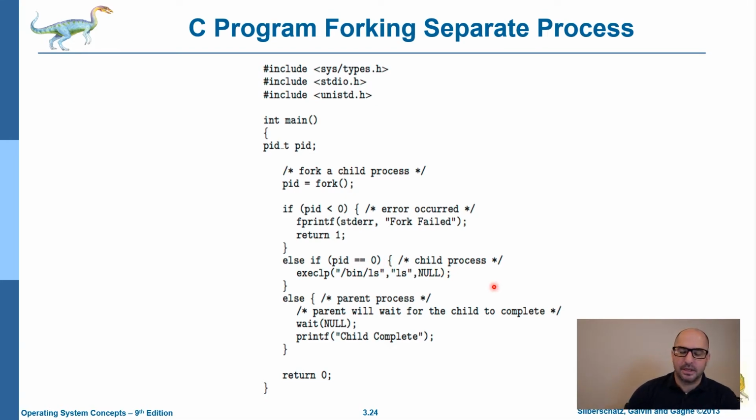And so what happens in this example is there are two processes. The parent forks and requests that the ls program be loaded into memory of the child by the child itself. And then when that operation completes, because the child returns 0, it's the same code, then this wait call will return in the parent, and the child is complete.